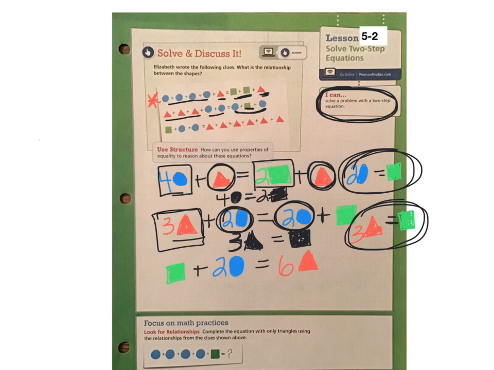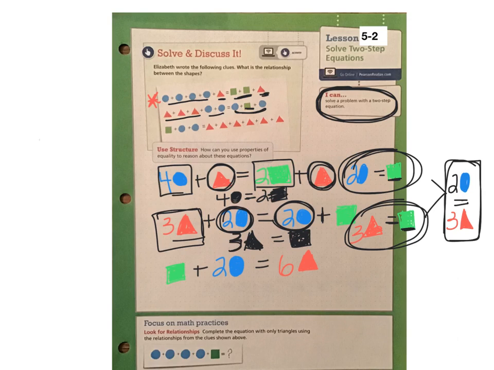If 2 circles equals a square and 3 triangles equals a square, then what must also be true is that 2 circles is equal to 3 triangles. And this relationship has to be a fact because of the relationship with the squares in each of those.